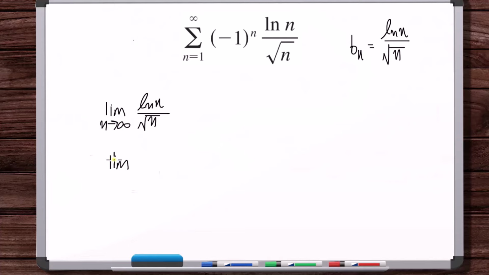In general, the most common method is to replace n with x if that doesn't cause any problems, and then these are going to have the same limit. So as x goes to infinity, you have infinity over infinity. So let's use L'Hopital's rule.